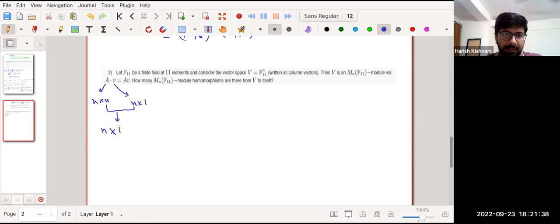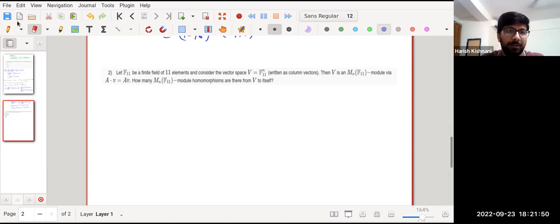So this vector is inside your space again, so the multiplication is well defined, and you can check that it gives you a module structure. Okay, now the question is, how many module homomorphisms are there from V to V?